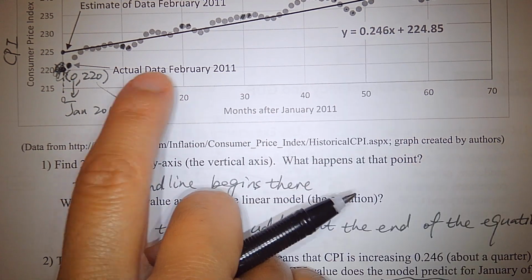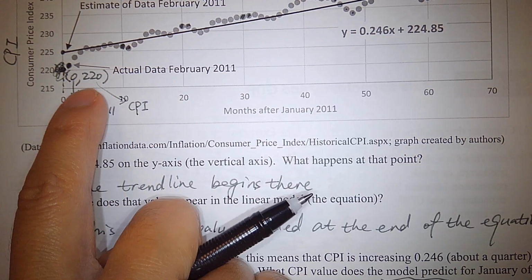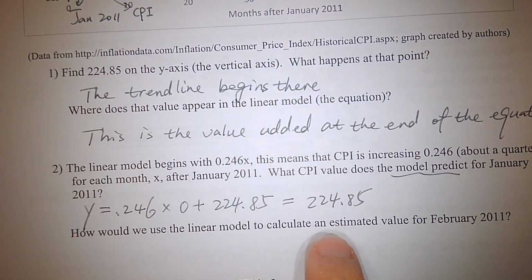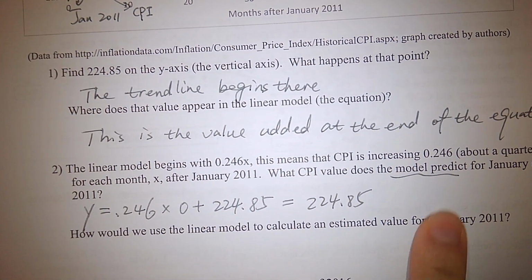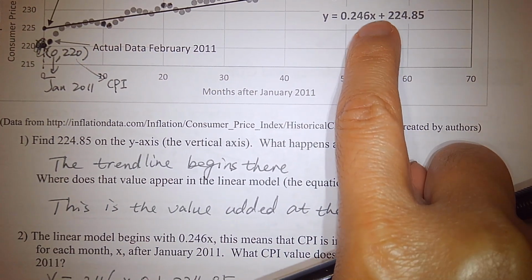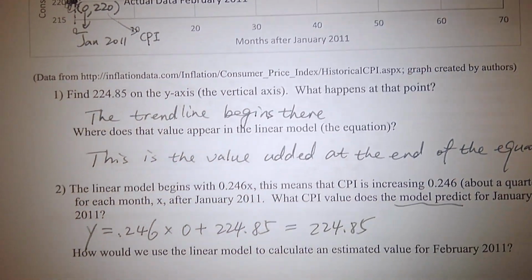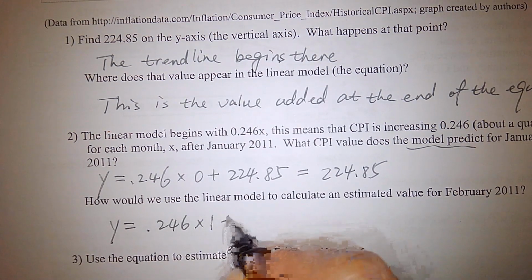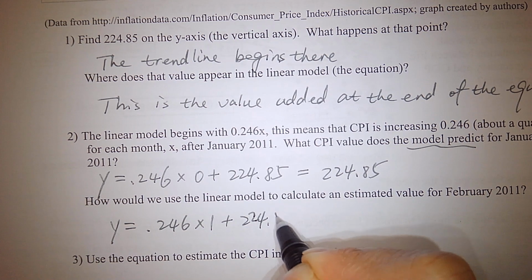When x equals 2, it is March 2011. So for February 2011 we replace x by 1: y equals 0.246 times 1 plus 224.85.